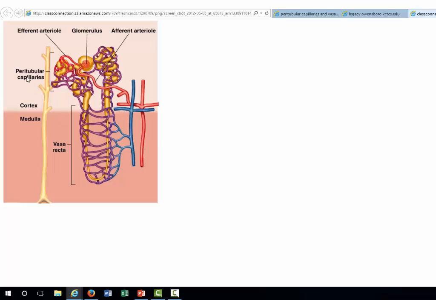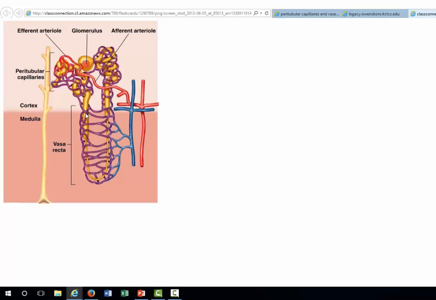So you can just type in peritubular capillaries vasa recta, and you'll see how this branches and becomes the venous portion. The peritubular capillaries are just all these little capillaries that wrap around the nephron. And they're typically up in the cortex, because you'll see the division here, cortex and medulla. So it's in the top half of the kidney where we find these upper portions of the nephron, and that's the peritubular capillaries.